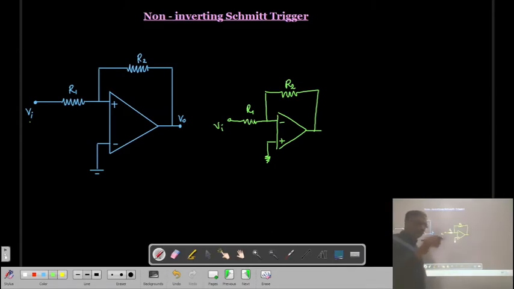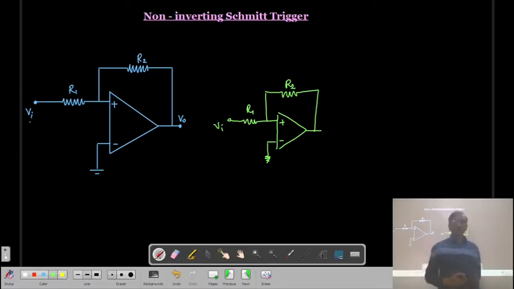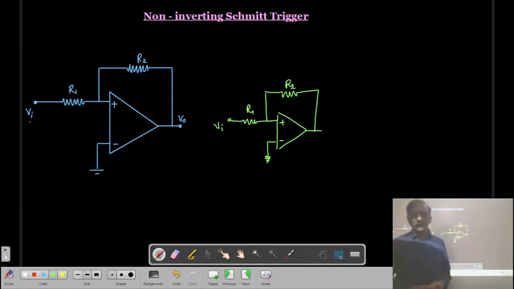But now here, if we interchange the terminals of the operational amplifier, so here we have a negative and this positive, but now if I write a positive and I write a negative, the same circuit is there. Then this circuit is known as a non-inverting Schmitt trigger.